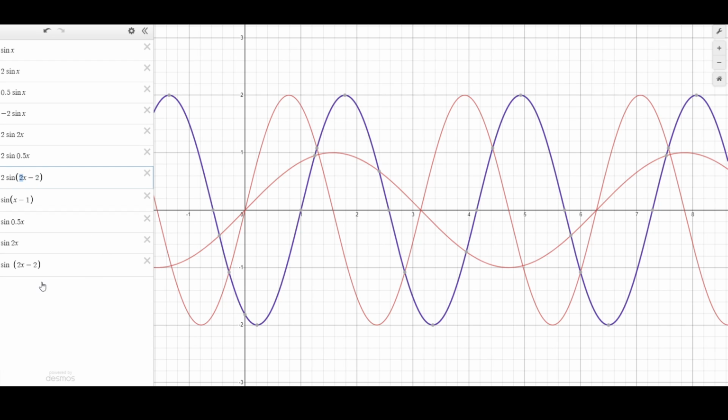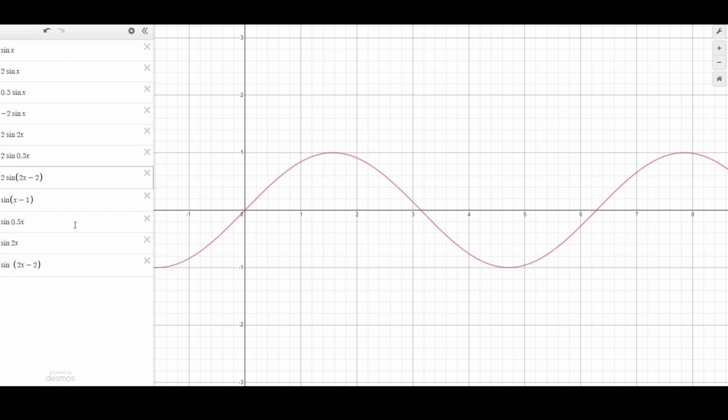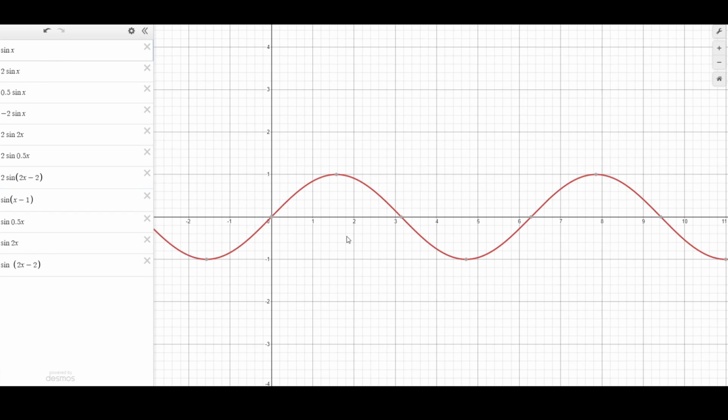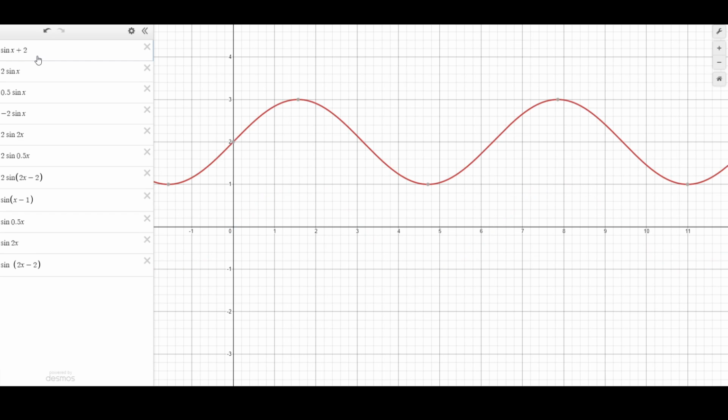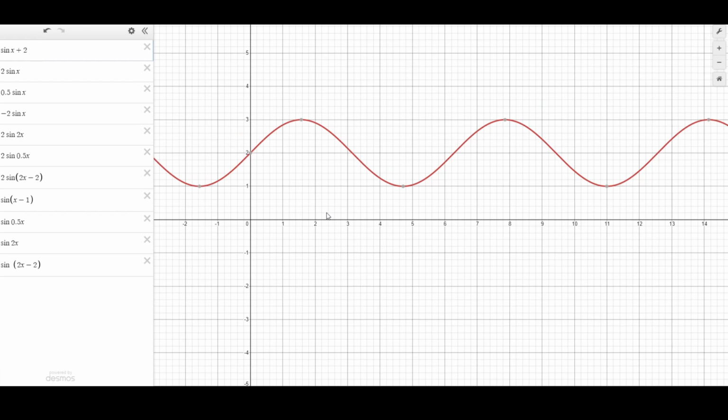Okay, so that's it for the transformations. There are more transformations, of course. We can also shift vertically, just like any other function. Let's say the original function, we add 2 to it. As you can see, we added a positive shift upwards in the y direction.